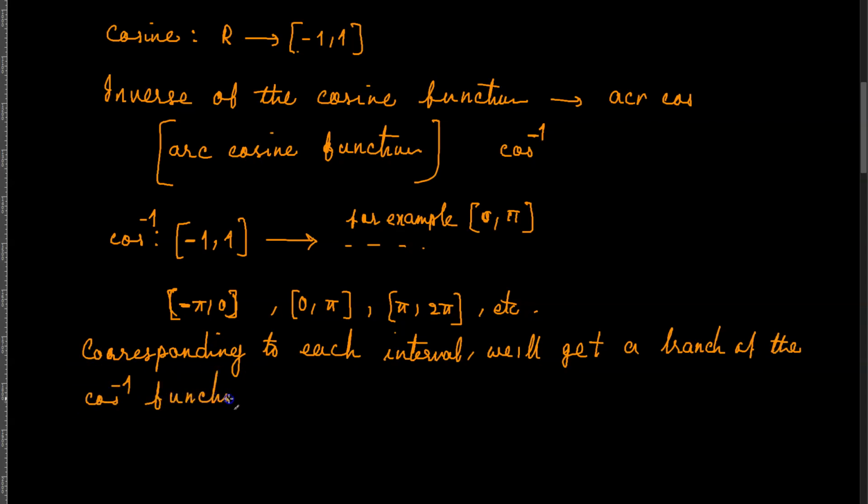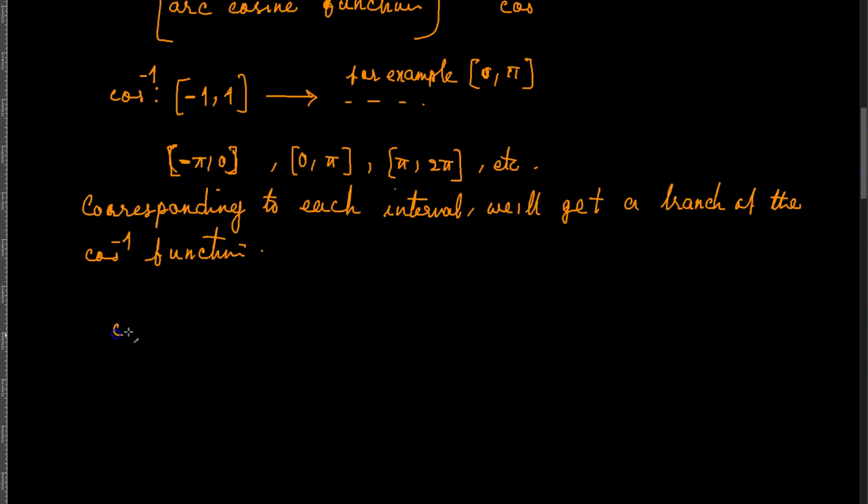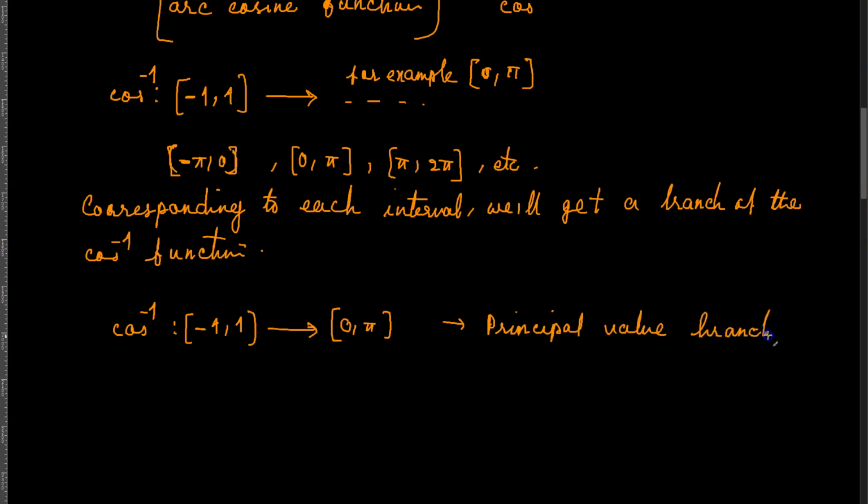So if I say that the cos inverse function is a function from -1, 1 to the range 0 to pi, the branch with the range 0 to pi is called the principal value branch of the cos inverse function.